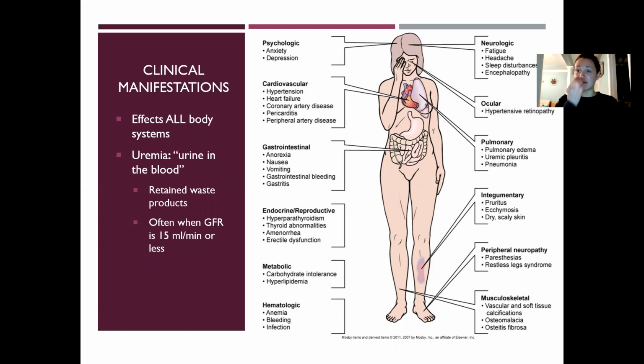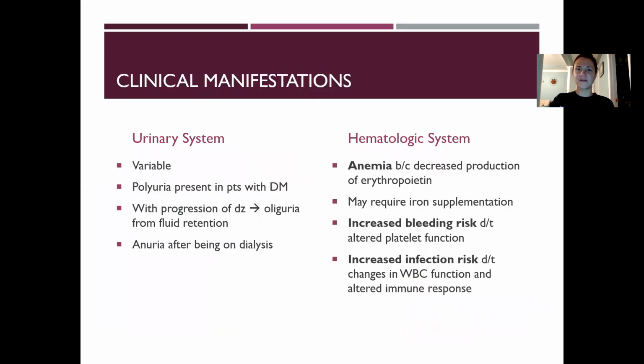So that's a pretty significant loss of kidney function before we'll see this occur. Now, this picture here, I really like it because it's a good summary of everything we're about to talk about in a little bit more detail in these future slides. So come back to this as you're studying to piece it all together.